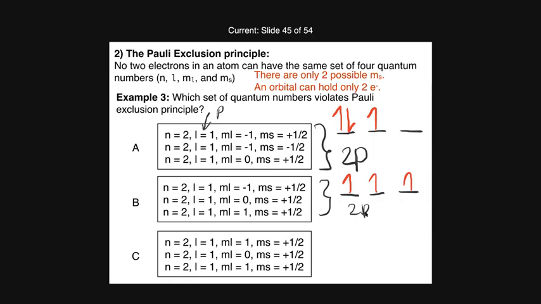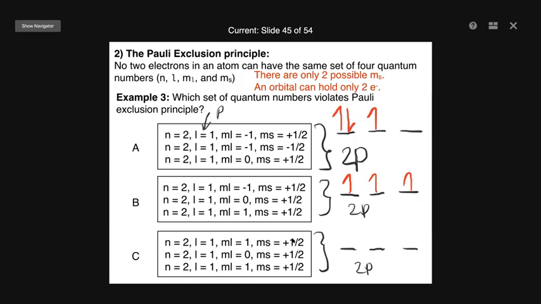Now what about C? If I look at C, I'm still talking about 2p, because the value of n and the value of l are still the same, so 1, 2, 3. However, if you're looking at m sub l, we already said -1, 0, and 1. If m sub l equal to 1, I'm going to write right here, and it's going to be spin up, because positive 1/2.